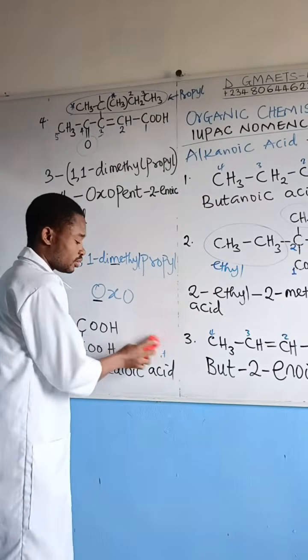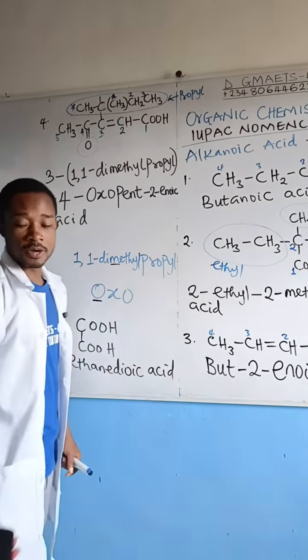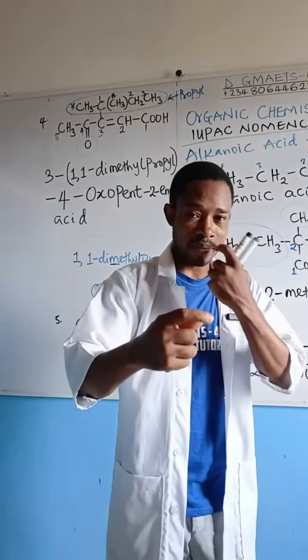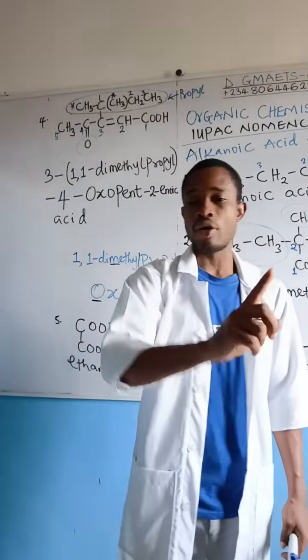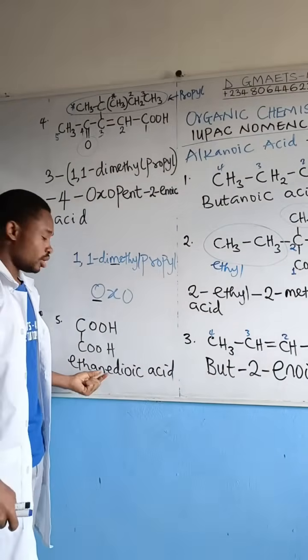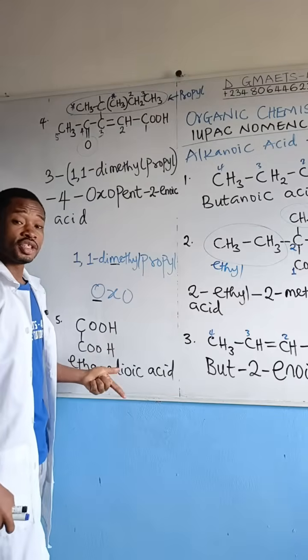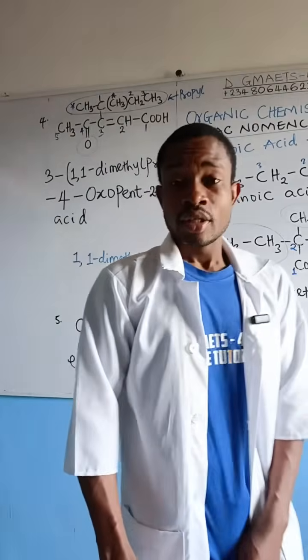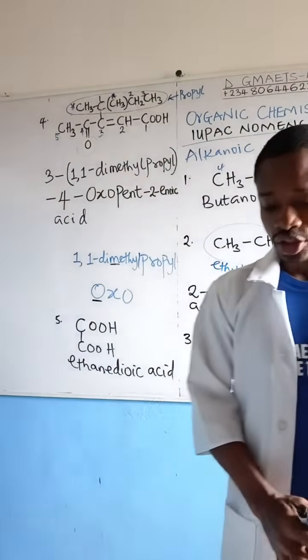If you have 2 COOH in a structure, the way you name the parent, you name it as an alkane and then dioic. That's what we did here. 2 carbon atoms, ethane. Because of the 2 COOH to now be dioic and then acid. That is cool. We are done with this structure.